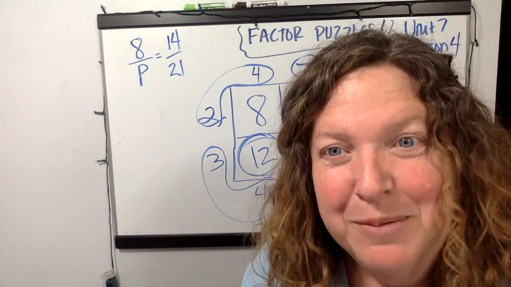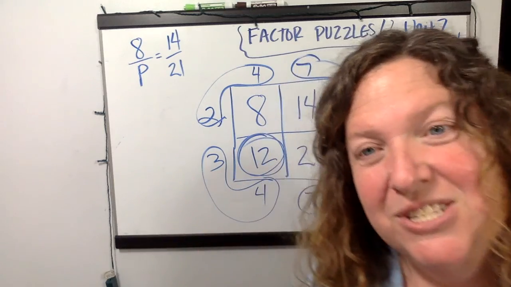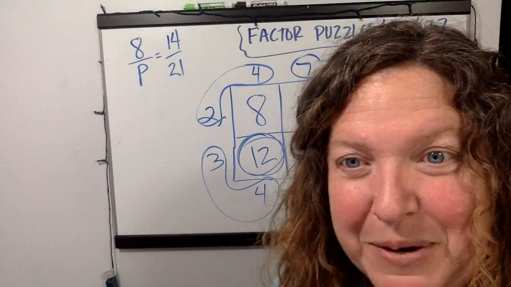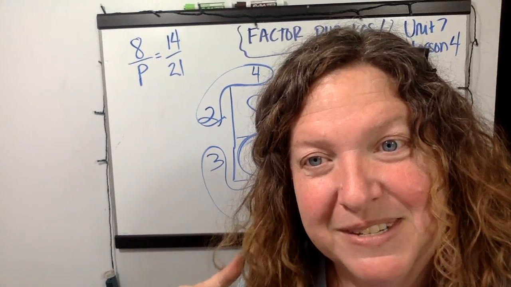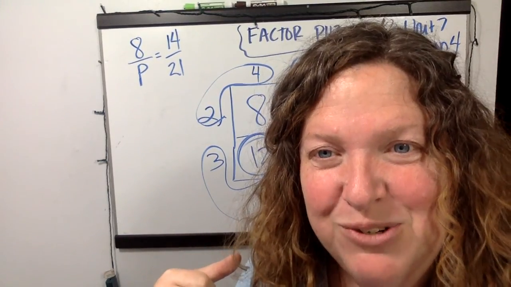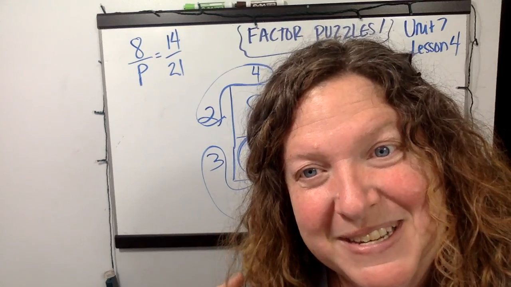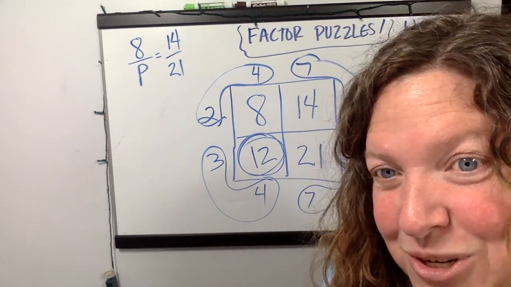I hope so, because one of the ways to solve these ratios when we're comparing ratios is to use factor puzzles. They're going to invite us to try a strategy with factor puzzles, and they're going to make it a little bit trickier.